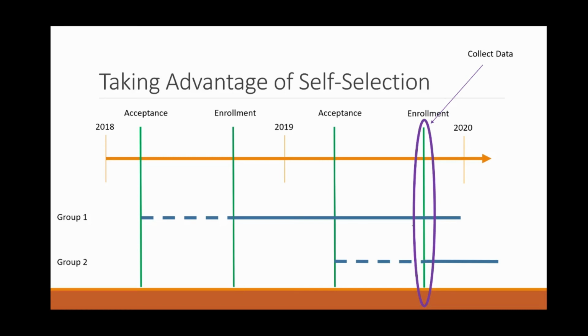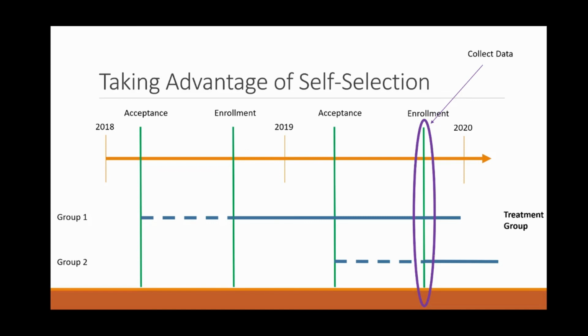But both Group 1 and Group 2 have gone through the self-selection process. They're both self-selected into the program. And so we might think that comparing Group 1 at this moment in time to Group 2 at this moment in time would give us at least a really good treatment and control group.